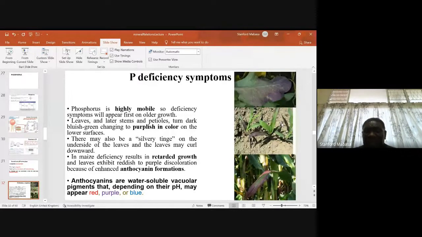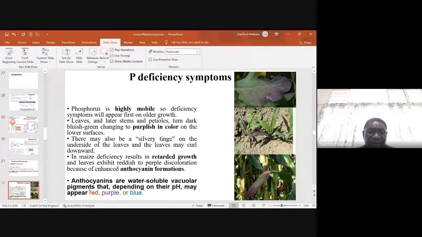And these purplish leaves are a result of what are known as anthocyanins, which accumulate in the plants in the absence of phosphorus. Normally, they give a purplish color. Sometimes it's reddish or blue. But the deficient symptoms give these purplish colors.